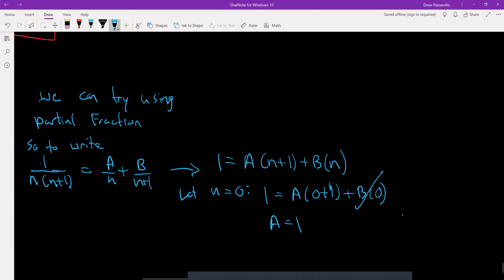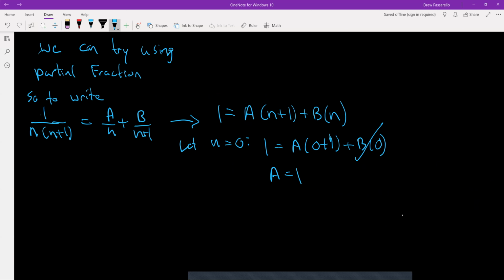Now, if n is negative 1, you get 1 equal to a times negative 1 plus 1, and then b times negative 1. So that's 0, so you have negative b equal to 1. So then b is negative 1.